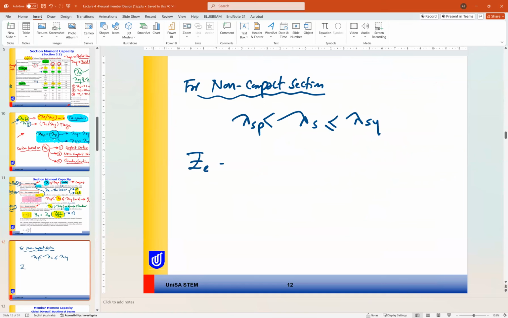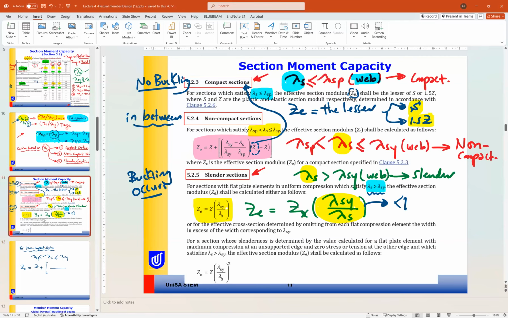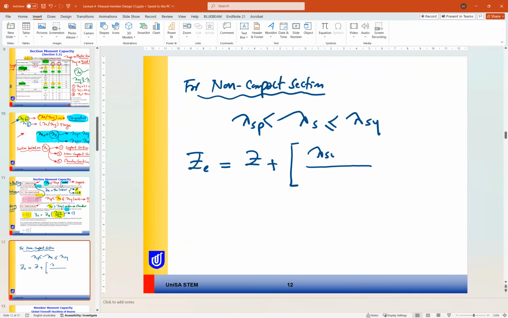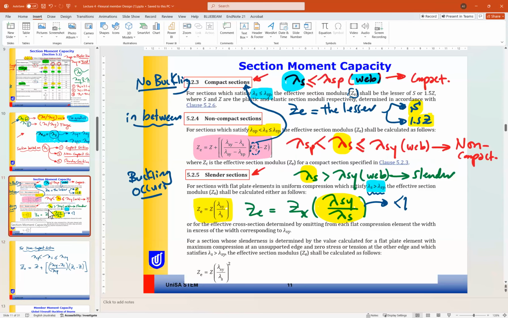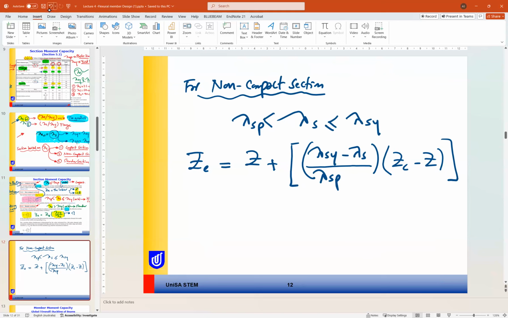So Z effective in this case will be Z plus lambda s yield minus lambda s, multiplied by Zc minus Z, divided by lambda sy minus lambda sp.